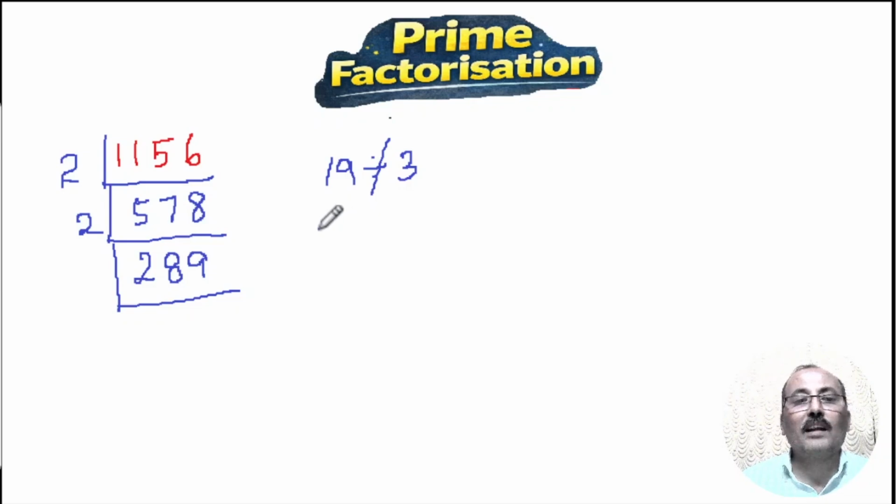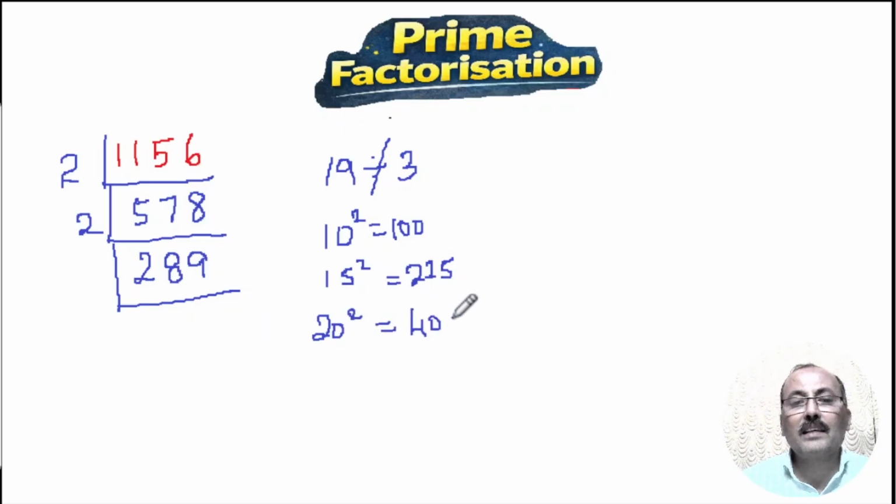That means our concept. What is our concept? 10 square is 100. 15 square is 225. It is more than that. 20 square is 400. Yes, good.